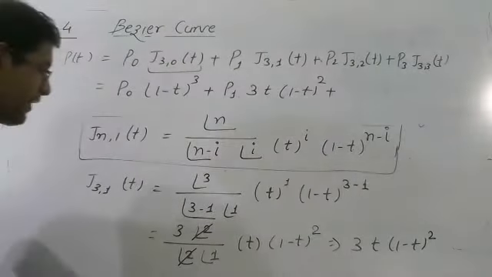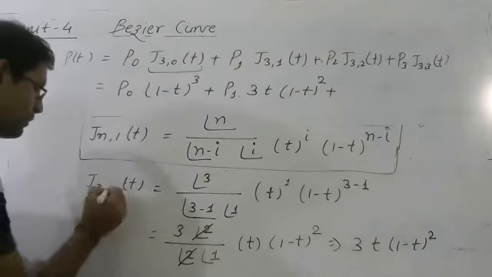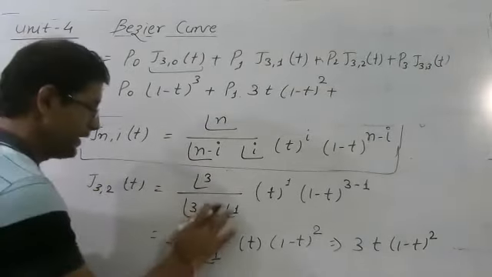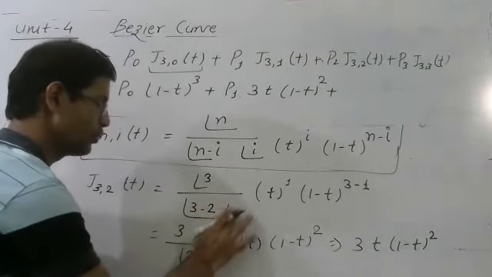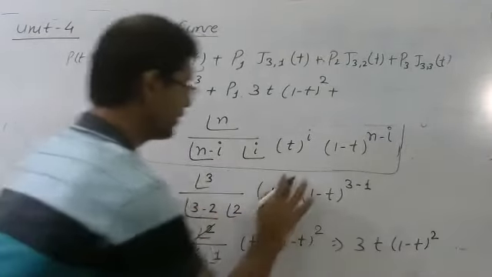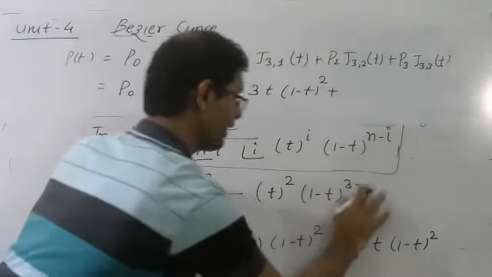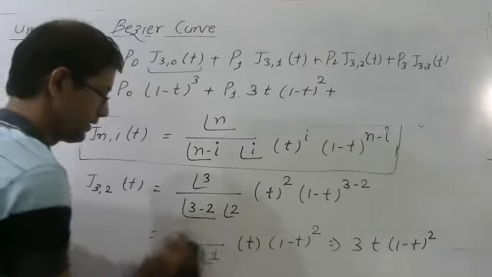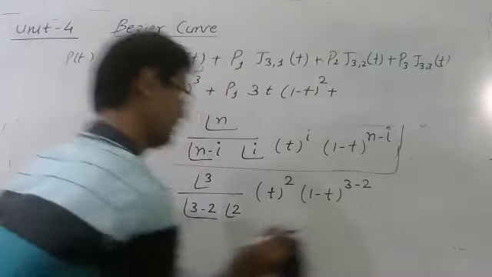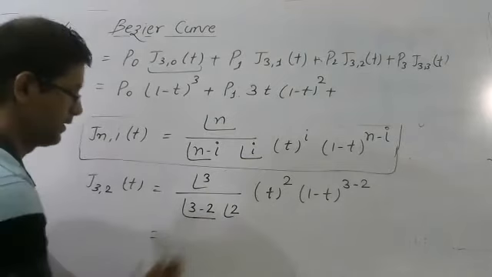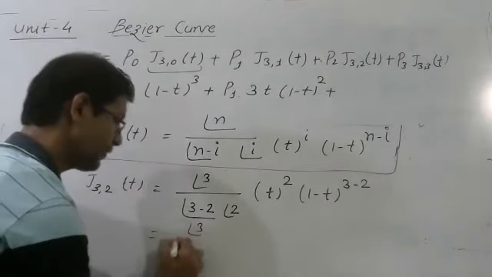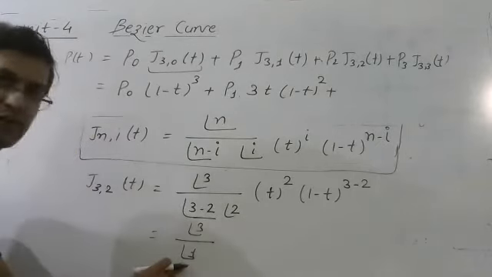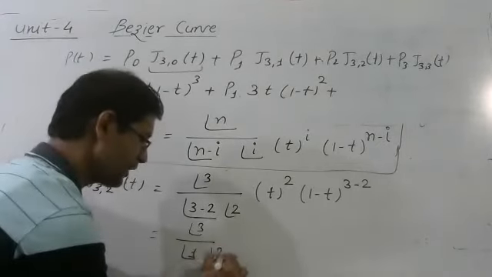Now calculating the value for J3,2. This will be factorial 3 minus 2 multiplied by factorial 2, t square, (1 minus t) to the power 3 minus 2. Now here it will be factorial 3. This will be factorial 1 because 3 minus 2 will be factorial 1. This is factorial 2.